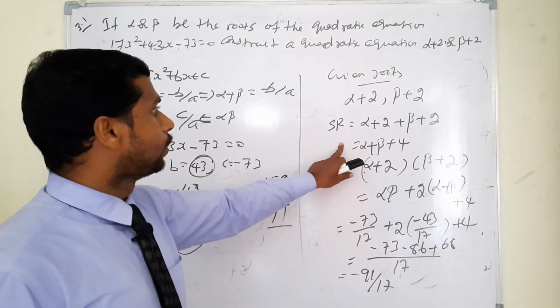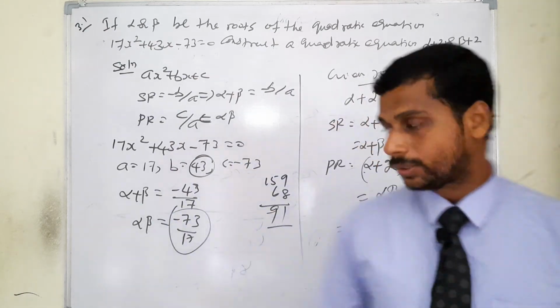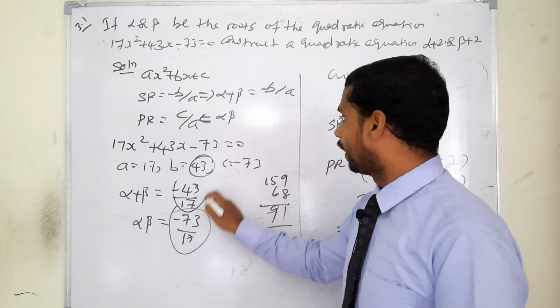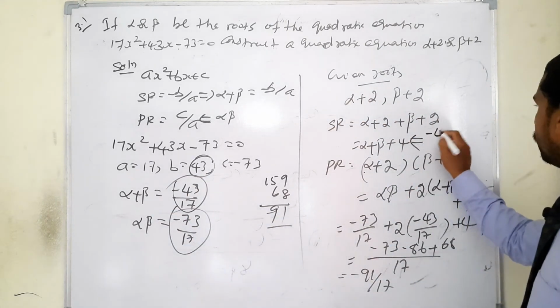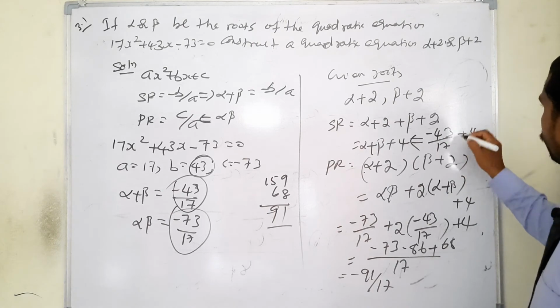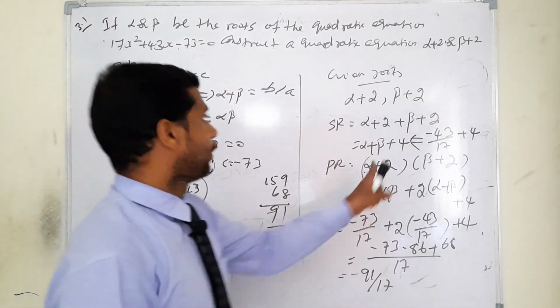But for the sum of the roots, I had only written alpha plus beta. Alpha plus beta is equal to what value? Minus 43 by 17. Minus 43 by 17 plus 4. I forgot, you have to simplify now.